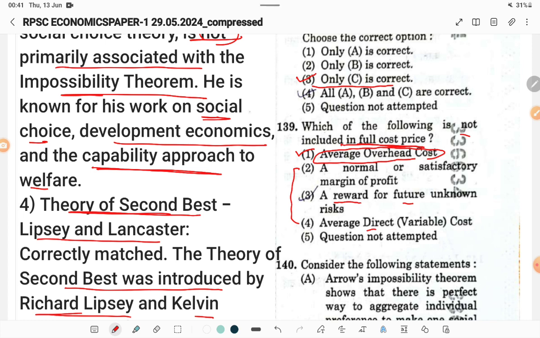And average direct variable cost, or average direct cost, is not included in full cost price because it is a component of variable cost, which represents cost directly associated with producing a unit of output, such as raw materials and direct labor.